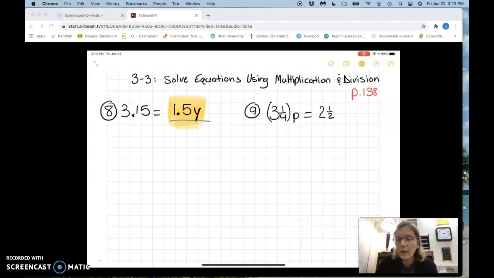So I'm going to divide by whatever is next to my variable, 1.5. Whatever I do to one side, I have to do to the other. Those are going to equal 1, and I'm just left with y. So let's divide 3.15 divided by 1.5, and we get 2.1.